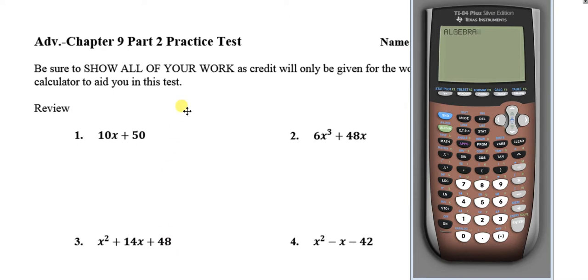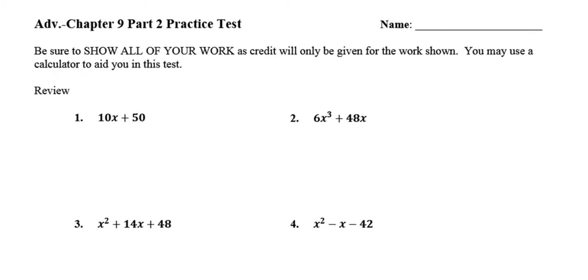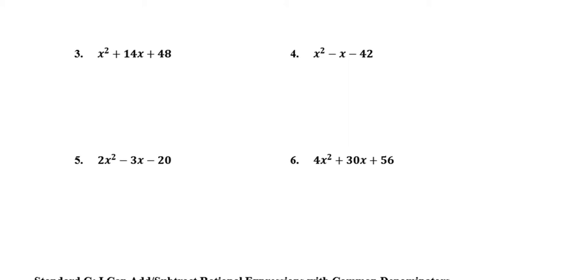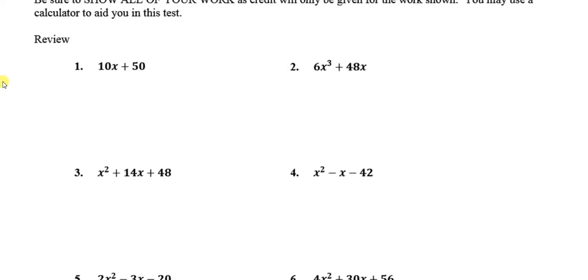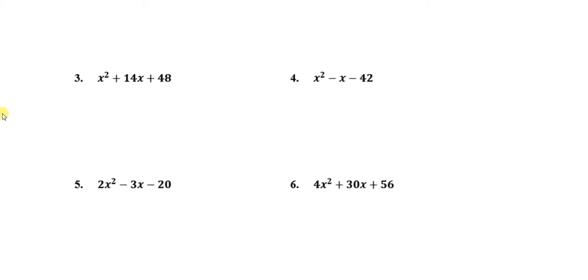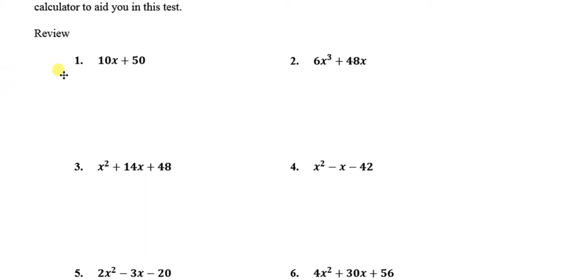I guess first of all, when I look at this practice test, I did it similar to Part 1, where the first few questions, I think the last one had 8, this one I probably have 6 or 8. It might be a little different than this test here of factoring questions. These first two are greatest common factor.